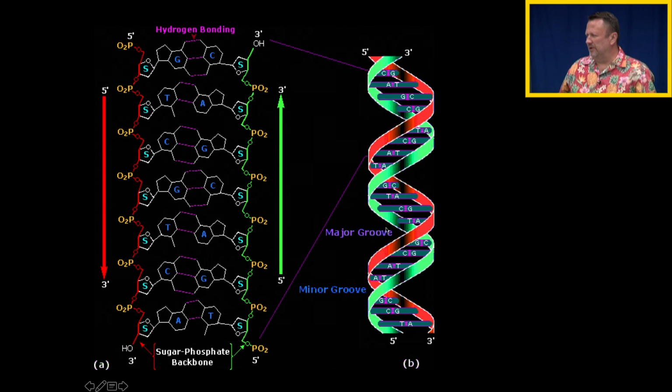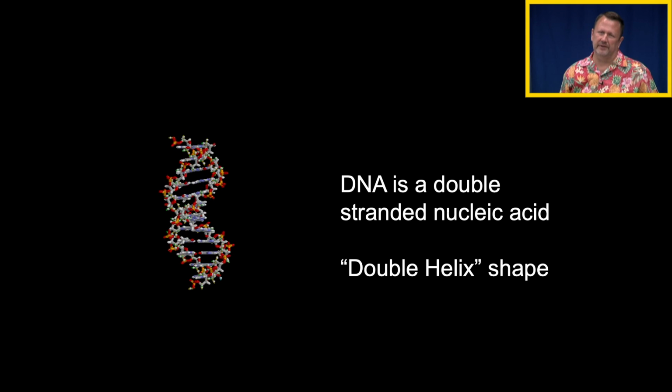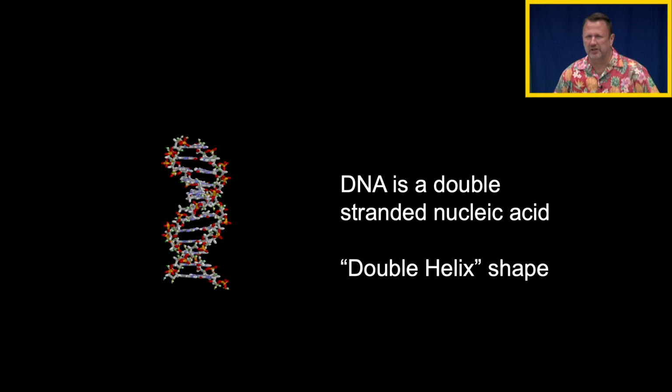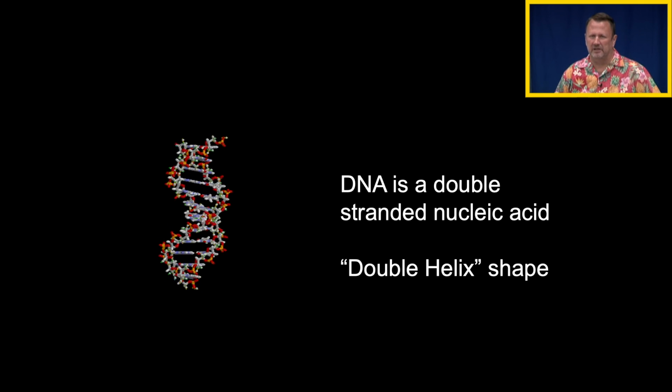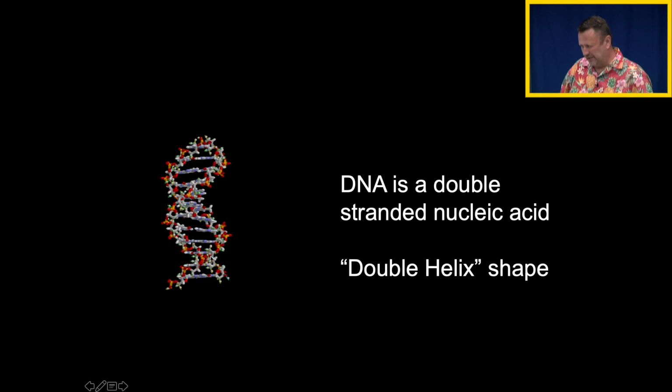And if you look at cartoons of double-stranded DNA, you'll see it wraps in this helix, and you might see that there's a smaller groove, a minor groove, and a major groove. That's actually important when you get to senior-level biochemistry. I copied this animation somewhere because it was cool. This is where that double helix shape comes from. DNA is a double-stranded nucleic acid, and it looks like a ladder, like a spiral staircase.